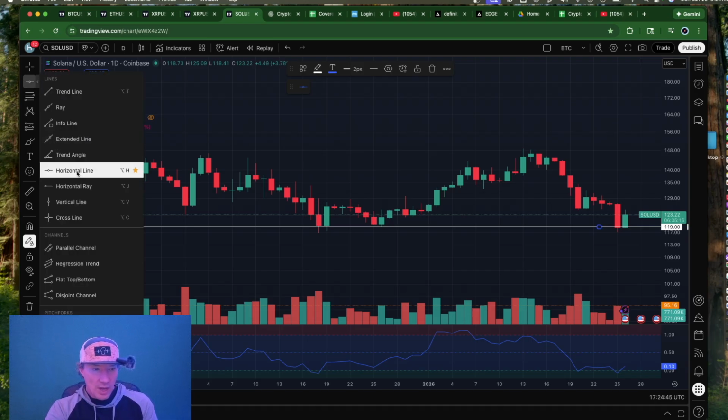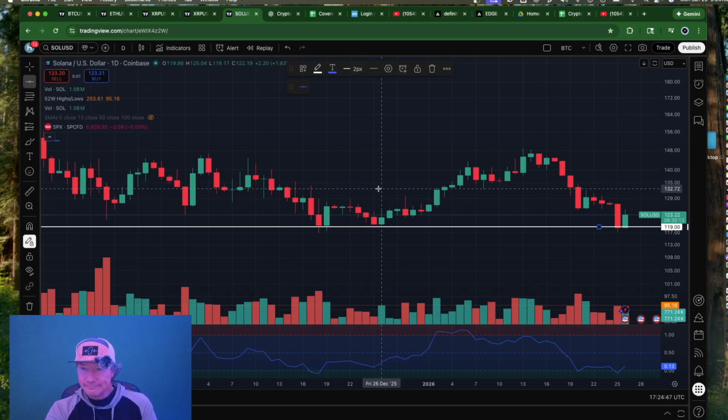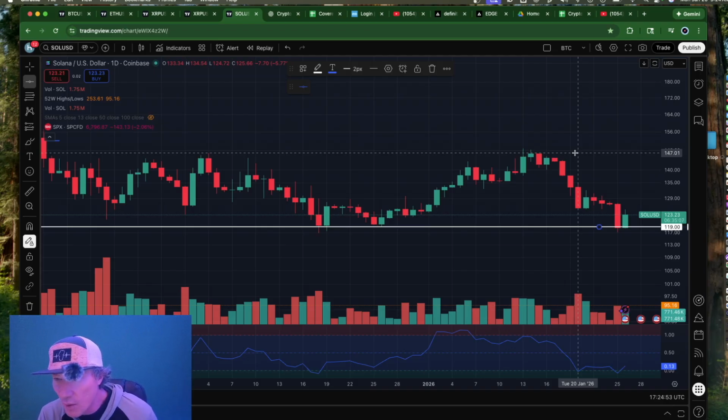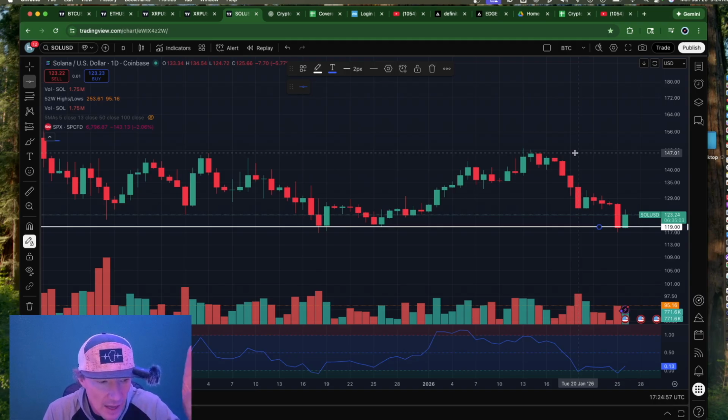Find a horizontal line right here. So I see something at the top right here. I see a level around 147 where 2 candles hit. 2 candles hit over here. I take my eye back a little bit. Ooh, there's a couple more candles right here, but they're higher. It's just the wick.